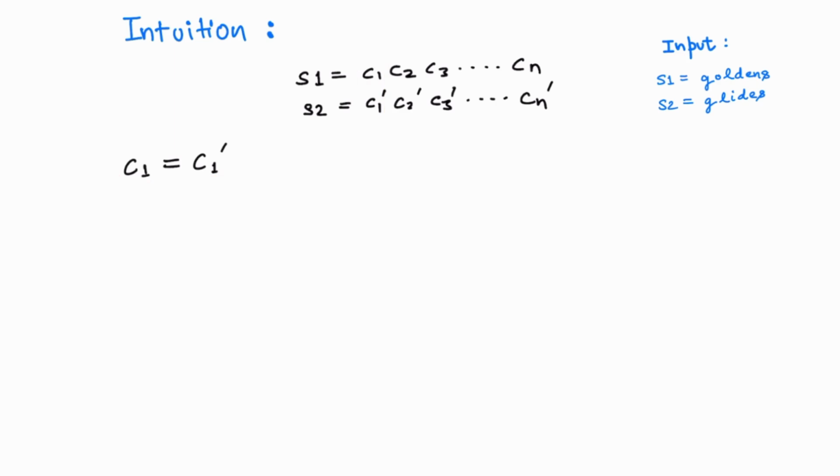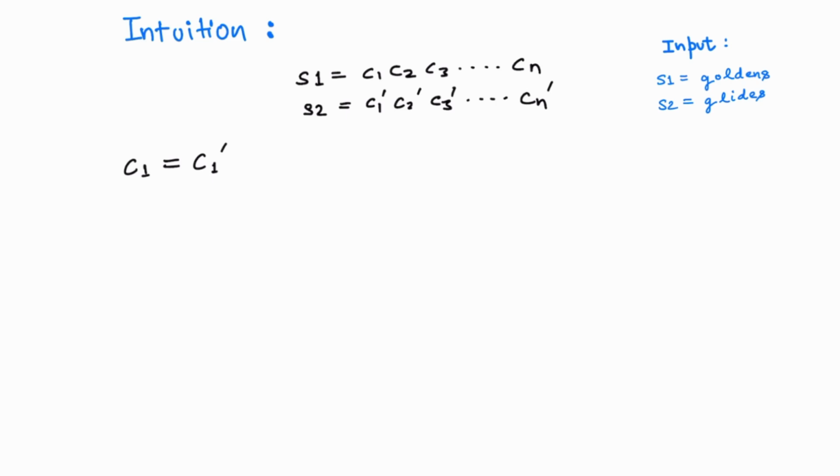Because these characters, since they are already equal to each other, they are not causing any mismatches. So we don't need to do any operation at all. So we keep them put just as is.